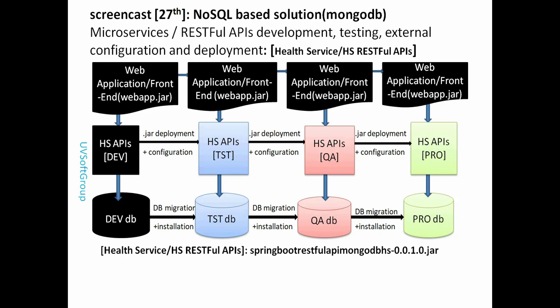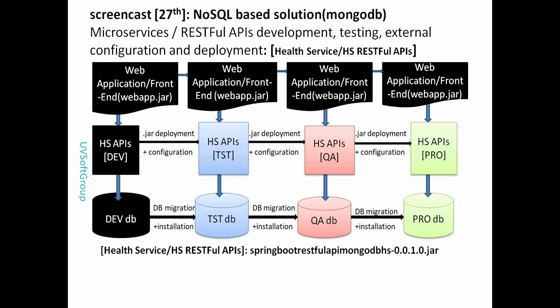This screencast is more or less about the same things, with the same data models and the same domain model, but the backend server is different. The backend server is MongoDB. So the same functionalities we try to transform from the SQL world, like MySQL, to the non-SQL world, to the MongoDB world.